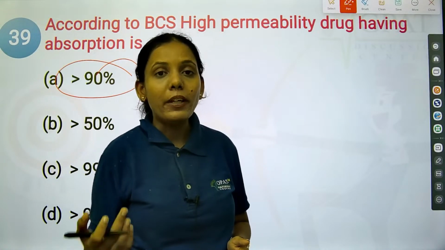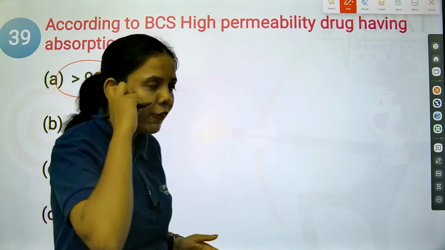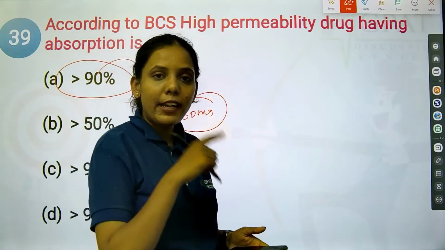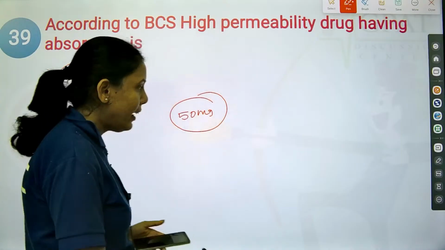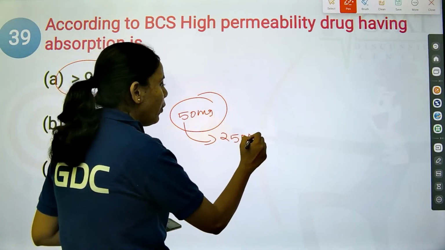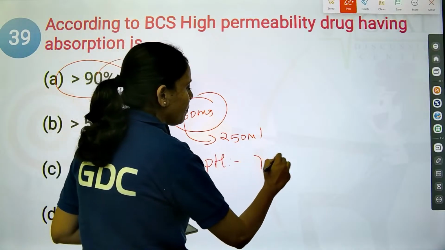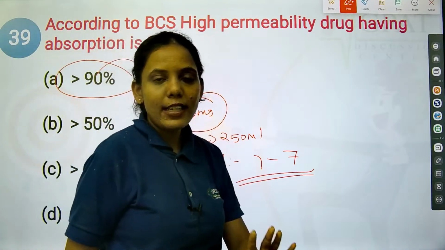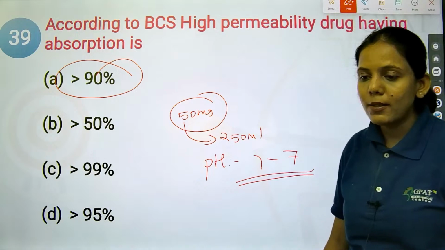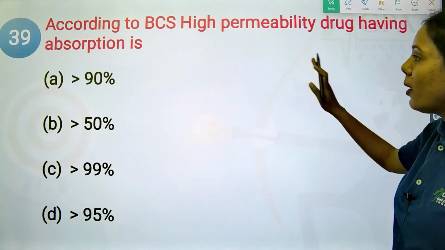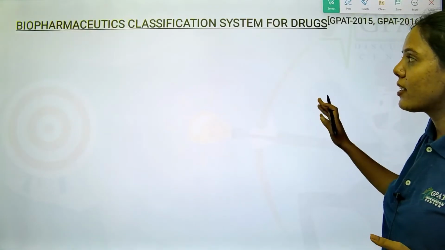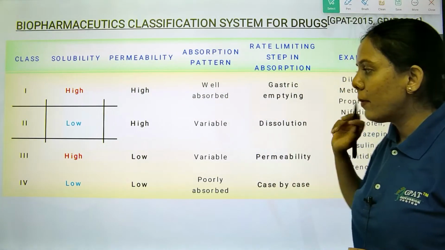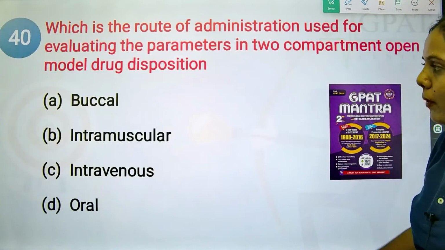We call it high solubility when the highest marketed strength, for example 50 mg, gets solubilized in 250 ml of aqueous fluid across pH 1 to 7. Then we call it highly soluble, and highly permeable when the absorption is more than 90%. So this is according to the BCS classification. Clear, all of you? I think everybody knows: high soluble, low permeable; low soluble, high permeable; high soluble, low permeable; and low soluble, low permeable.